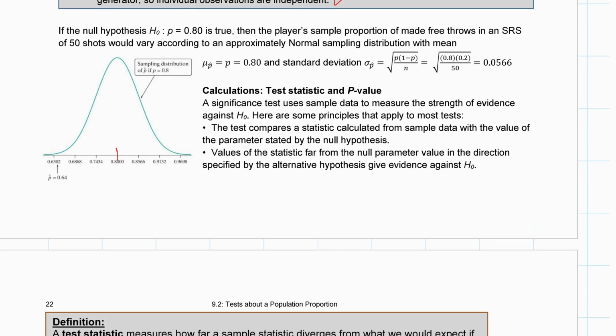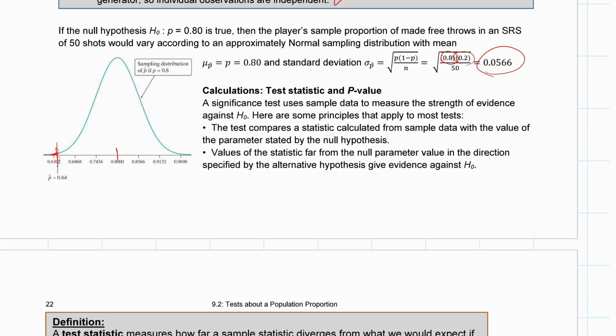We have a standard deviation of about 5.7%. Again, notice that we use the H naught proportion in that calculation because all of our calculations are done assuming that it's true. And we found that the outcome of 0.64, 64% or lower, makes up a really small tail. It looks like a really rare event to have 64% or less by pure chance alone.